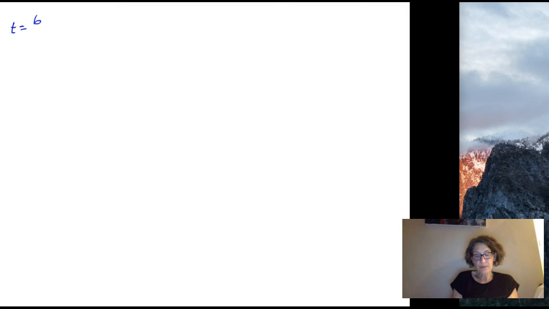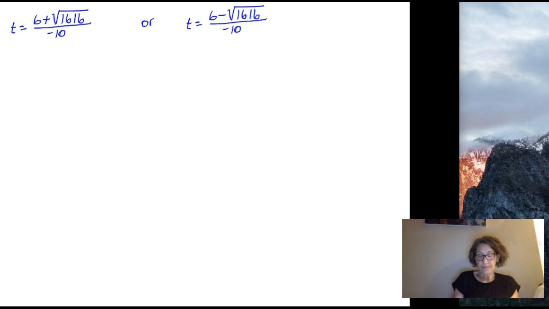So the first one is t equals 6 plus the square root of 1,616 over negative 10. And then we have t equals 6 minus the square root of 1,616 all over negative 10.